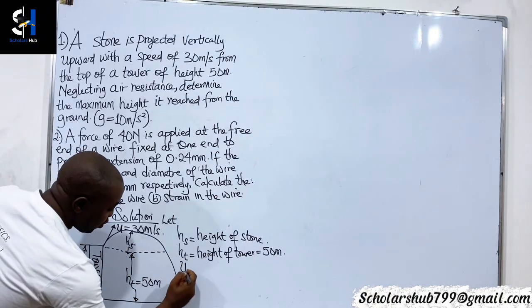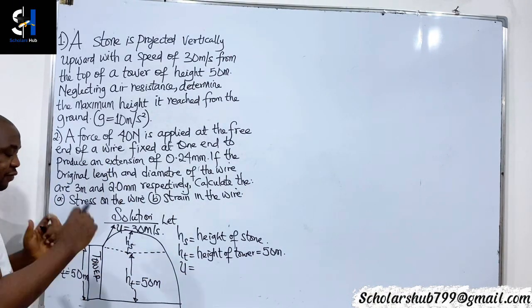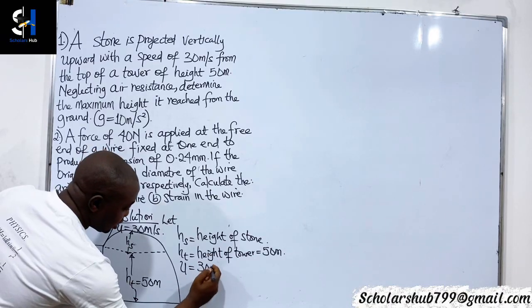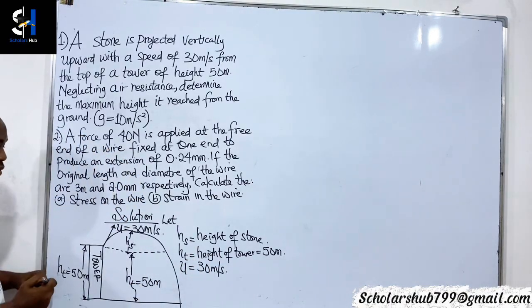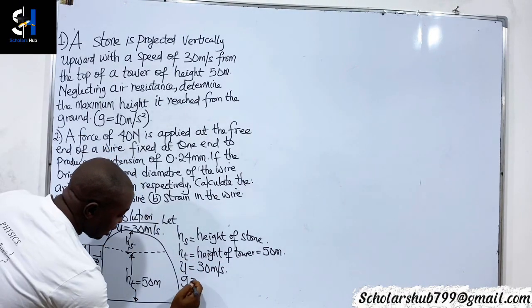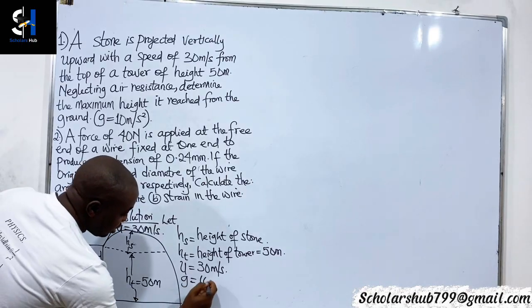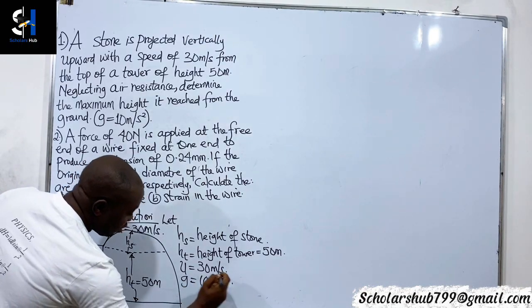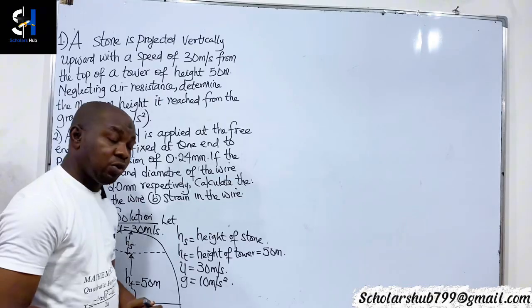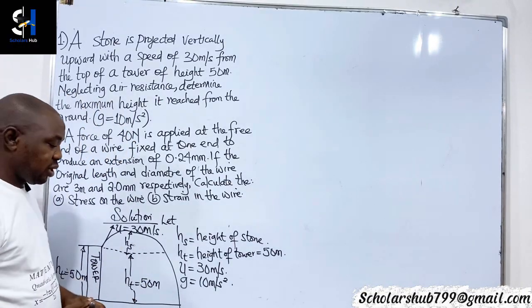Let's not forget that we are given the velocity of projection, which is 30 meters per second, and the acceleration due to gravity, lowercase g, equal to 10 meters per second squared.